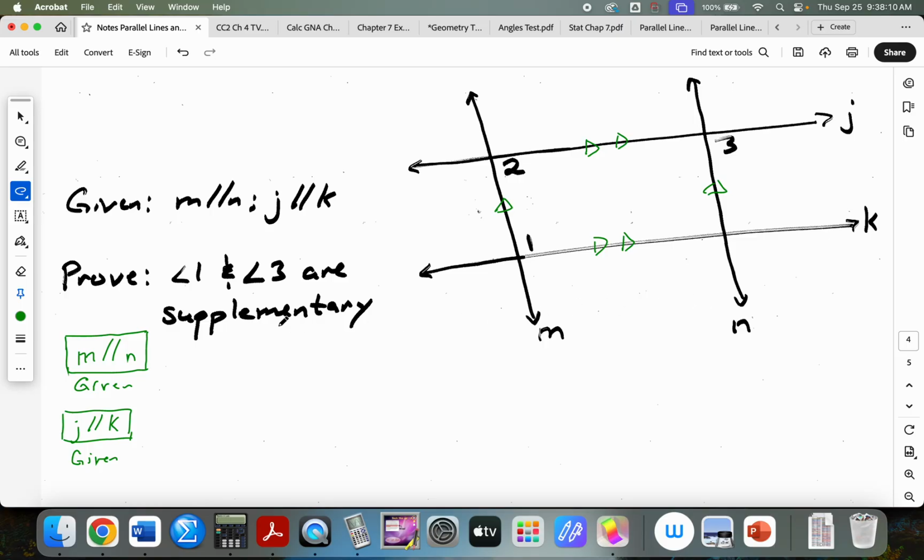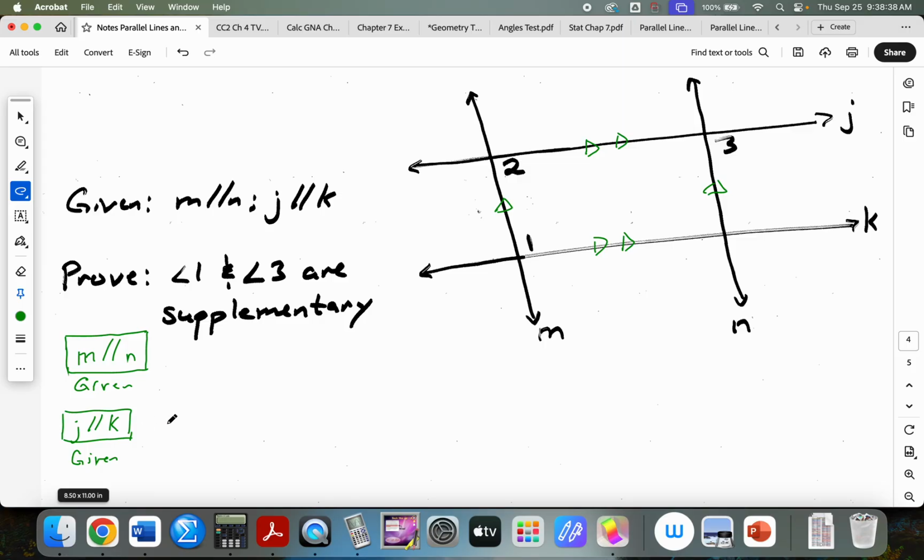Again, I like to try and make my first statement be as close to this as possible. Can I state that 1 and 3 are supplementary immediately? No. 1 and 2. I could start with 1 and 2 are supplementary. Now, before we write it down, my question is, does that come from knowing that M and N are parallel, or come from knowing that J and K are parallel?